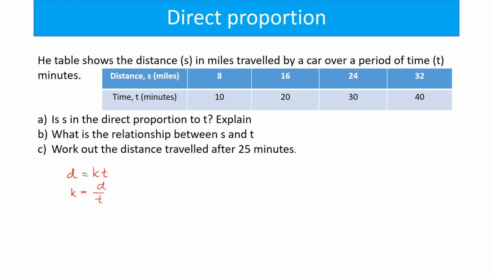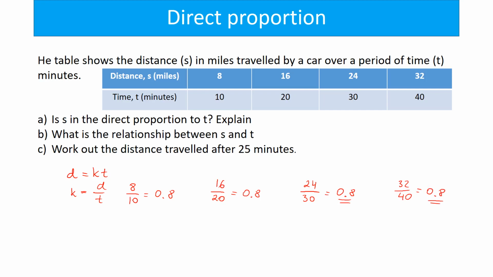I'm going to take the first pair, and the distance is 8, the time is 10, that's 0.8. I'm going to take another pair, 16 over 20, and that is also 0.8. Next pair, 24 over 30, that is also 0.8. And then 32 over 40, and that is also 0.8.